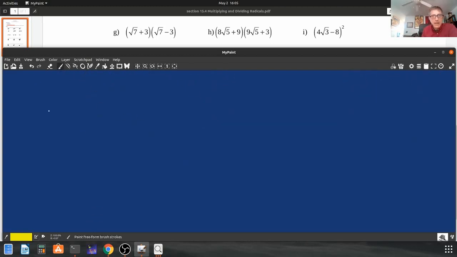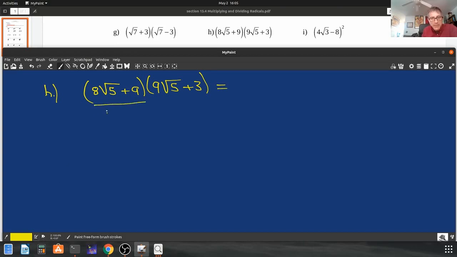So let's do H. So here we just have to do regular multiplication. It's not as bad as you're going to think. So you can do this the FOIL way, or you can do it the other way. I'm going to do it the other way. Here's my first factor.